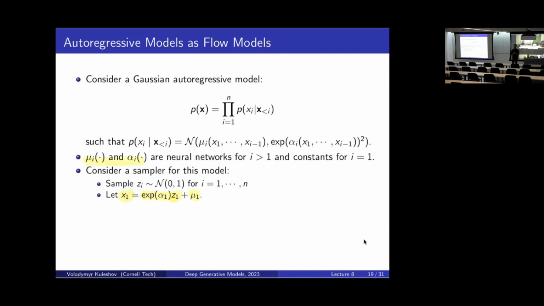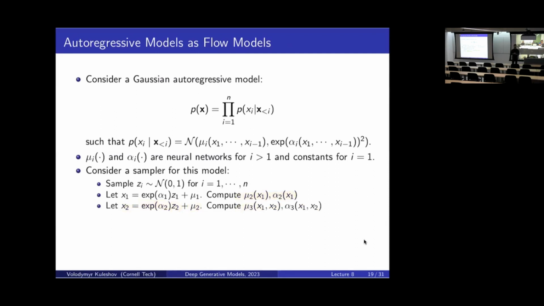So now that I have x1, I can use x1 to compute the mean and variance of the Gaussian over x2. And now that I have this mean and variance, how do I get x2? Well, in the same way, I take my unit Gaussian sample z2, and then I add and rescale by the mean and the variance, which gives me a sample x2 from this distribution.